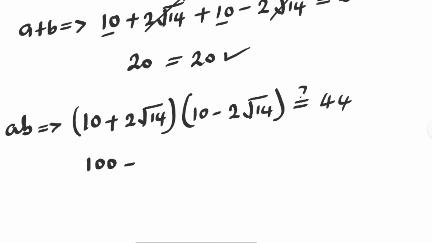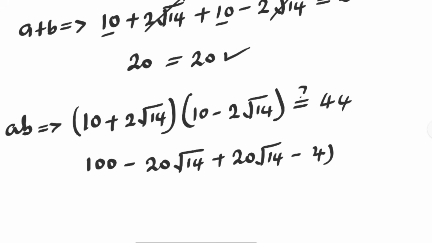Minus 10 multiplied by 2 root 14, 20 root 14. Plus 2 root 14 multiplied by 10, 20 root 14. Then 2 root 14 times minus 2 root 14, that is minus 4 multiplied by 14, must be equal to 44.